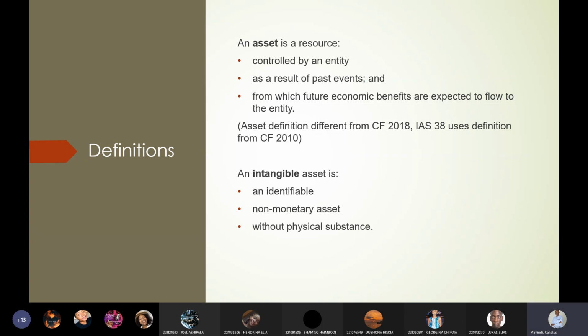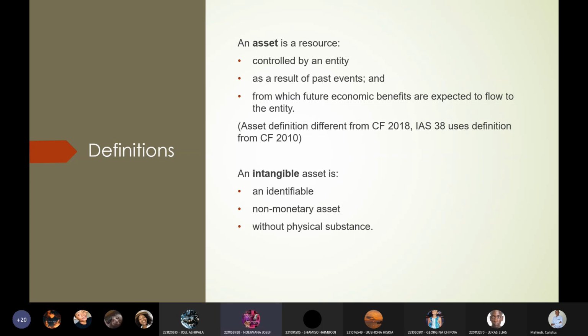What is the difference between that and the current definition of an asset? What is the current definition of an asset? Anyone? The current definition of an asset. This you should already know. You did this last year. Tangible asset.